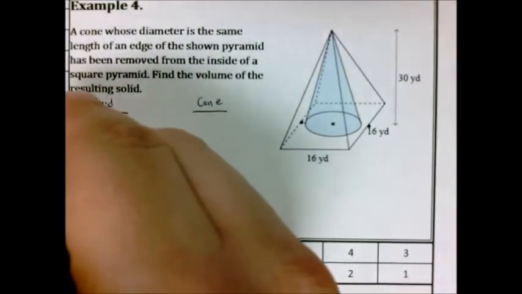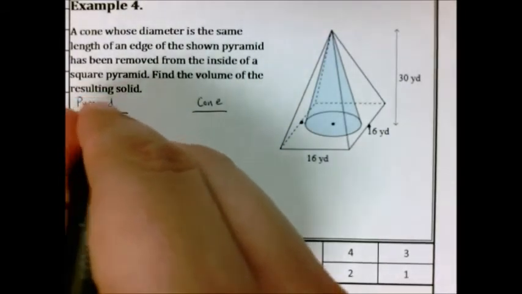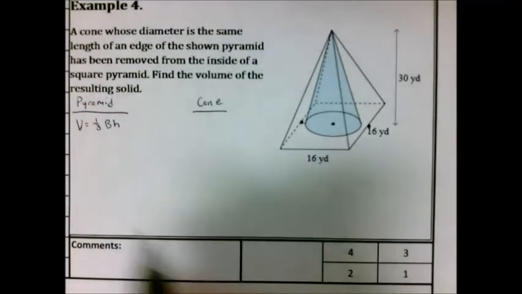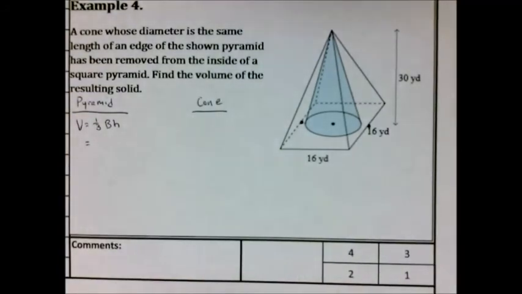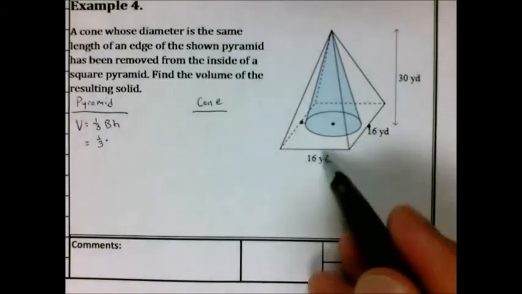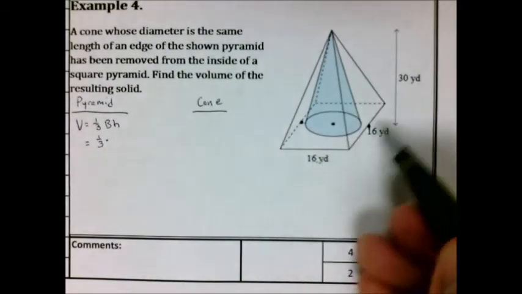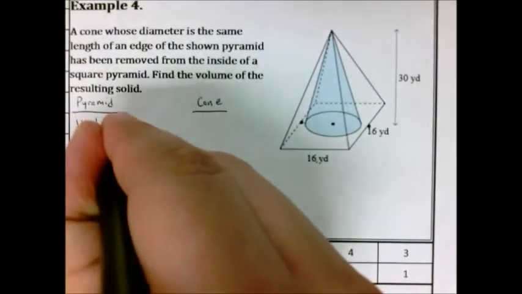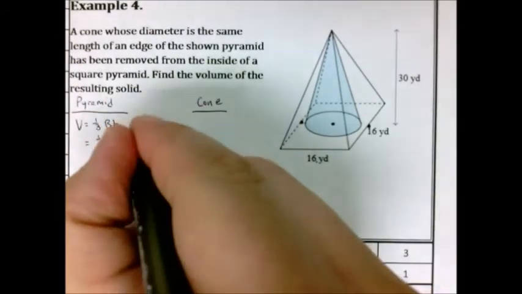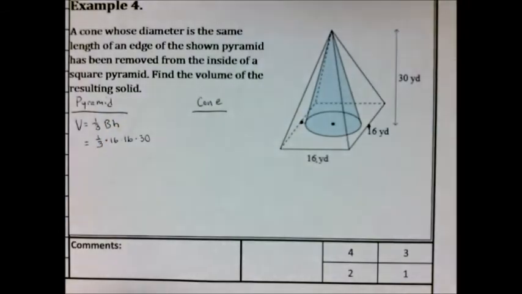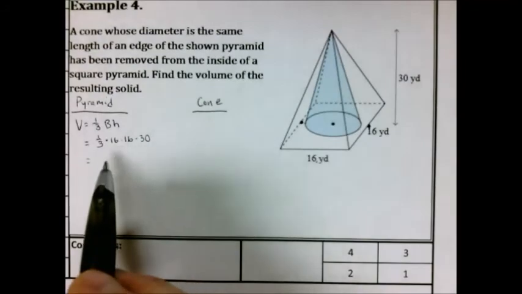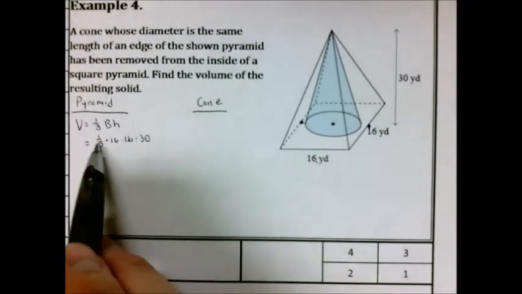And remember, the volume formula for a pyramid is 1/3 times the area of the base times the height. This is going to be pretty easy now, right? All we have to do is plug in those numbers. We've got 1/3 times the area of the base. For a square, it's just base times height, so 16 times 16. And then multiplied by the height. The height goes up 30 yards, it says. Let's keep on solving here. 30 times 1/3, we can kind of reorder this.